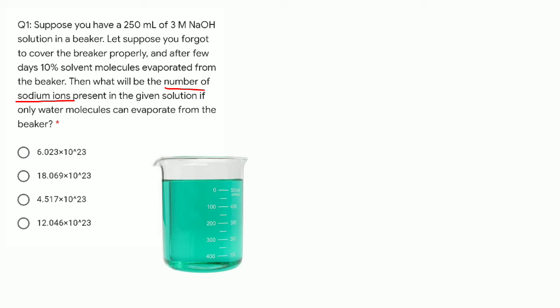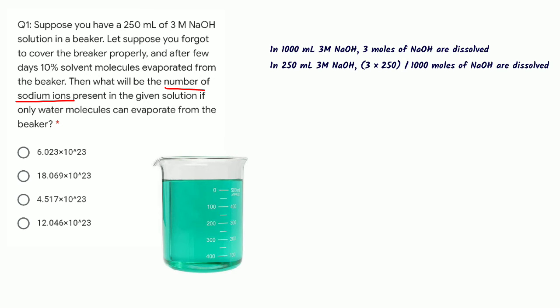Understand? But here it is given that we have only 250 ml, not 1 liter or 1000 ml. That means we have to divide by 4 to get the number of moles of sodium hydroxide which are dissolved. We can also write it like this: in 1000 ml of solution, a total of 3 moles of sodium hydroxide is present.